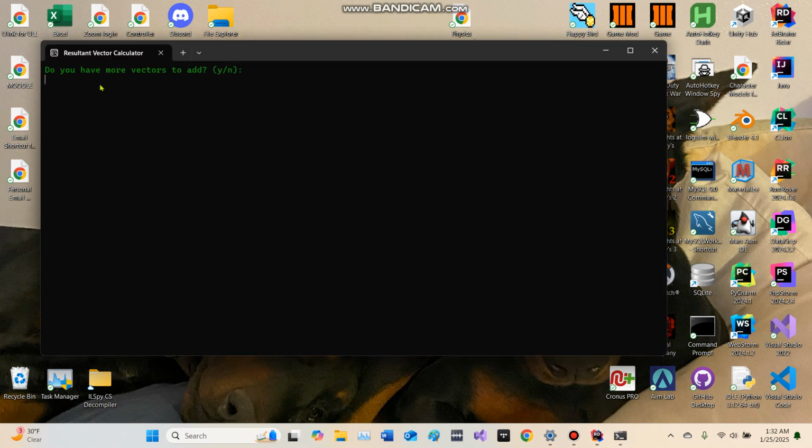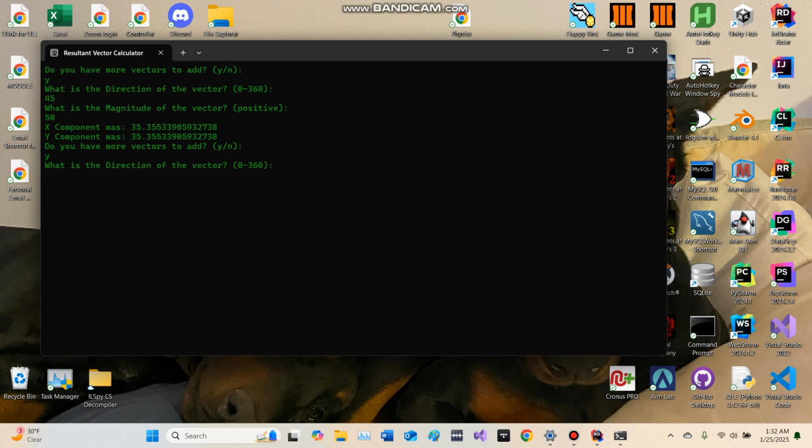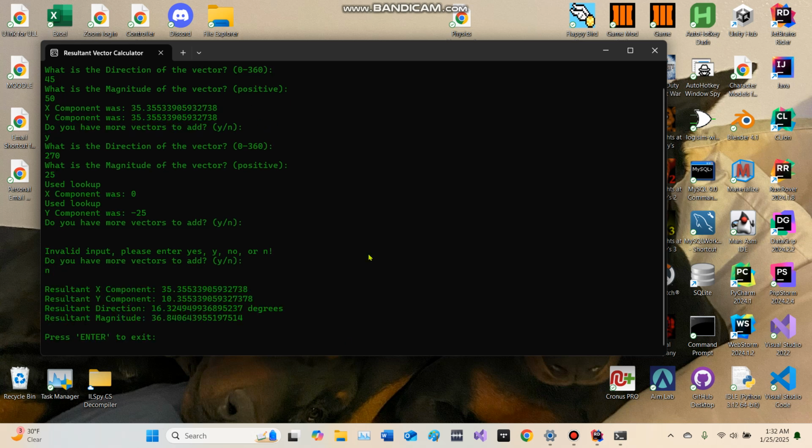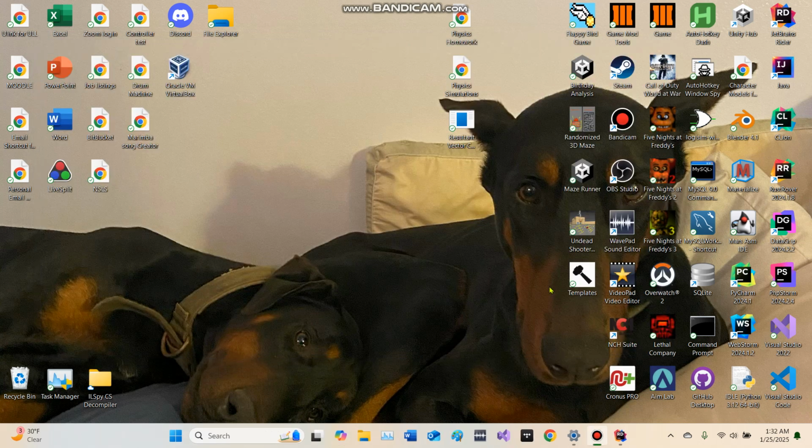We can click into it and see we have yes. I'm going to use the exact same values as before. 45, 50, yes, 270, and 25. And we end up with the same values, and then enter to exit just closes the window.